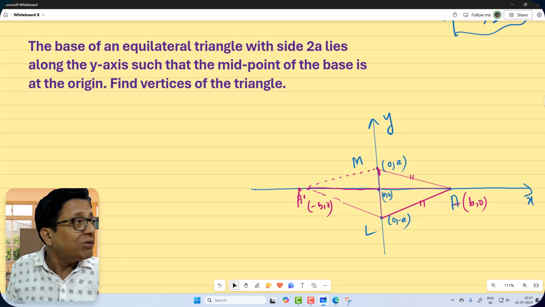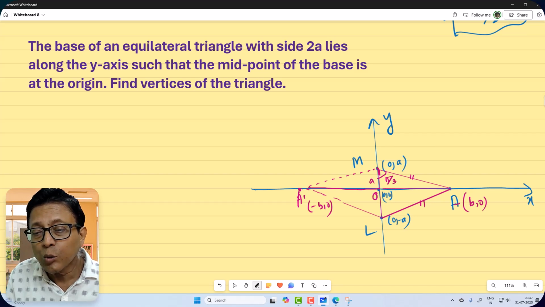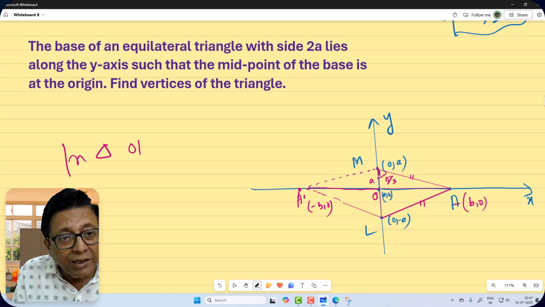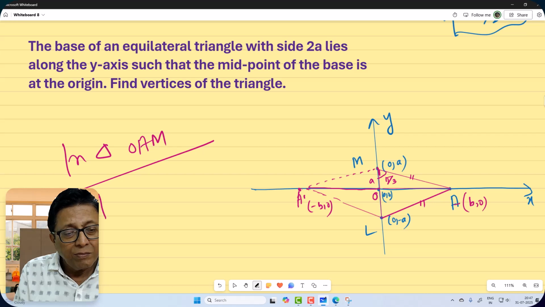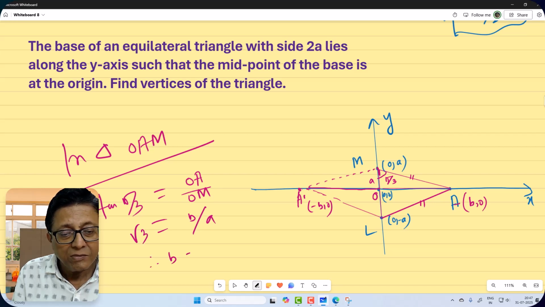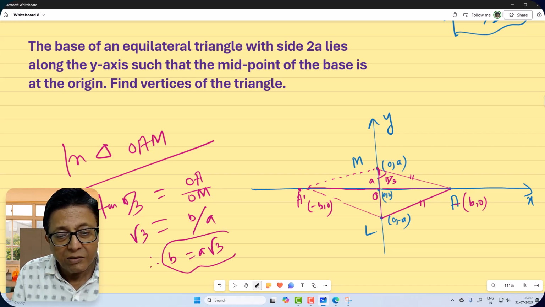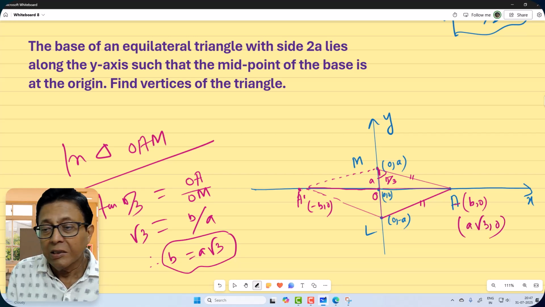But how to? Use figure. This angle is pi by 3. This is A, this is O. So in triangle OAM, what do you observe? Tan pi by 3 equals OA by OM. OA is b by a. So this point has coordinates (a root 3, 0).